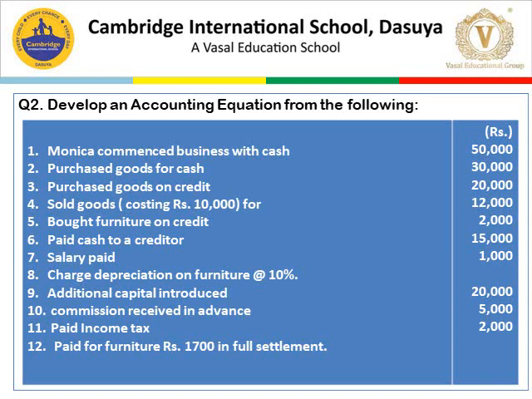Ninth, additional capital introduced, that is 20,000. 10th, commission received in advance rupees 5,000. 11th, paid income tax rupees 2,000. And the last one is 12th, paid for furniture rupees 1,700 in full settlement.